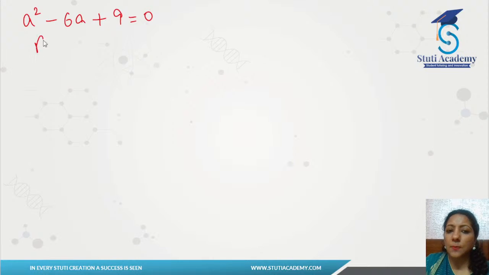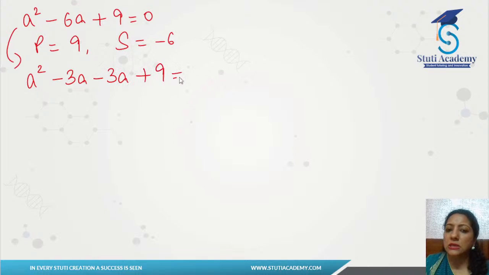We want two numbers whose product is 9 and sum is minus 6. So, we can write this as a² − 3a − 3a + 9 is equal to 0. Now, minus 3 I have written because I want the product to be positive 9 and I want the sum to be minus 6.